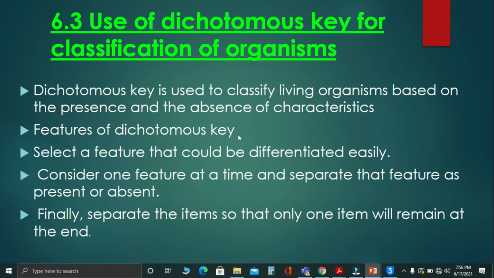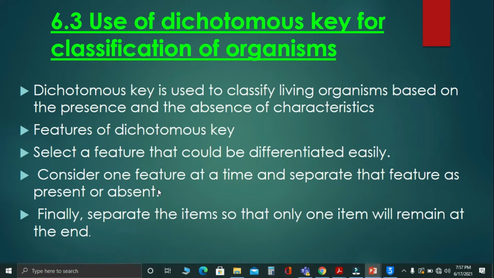Features of a dichotomous key. Now we will look at the features of a dichotomous key. We can select a feature that can be differentiated easily. Think you have been given a group of organisms to classify using a dichotomous key. You can select one feature that can be differentiated easily from the others. Consider one feature at a time and separate it as present or absent.